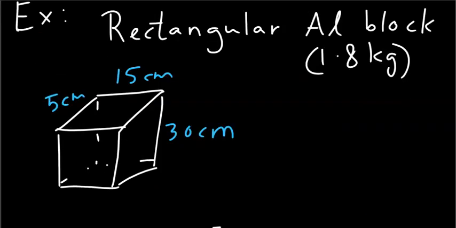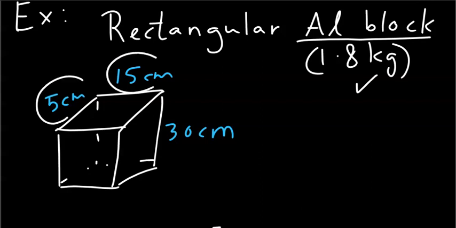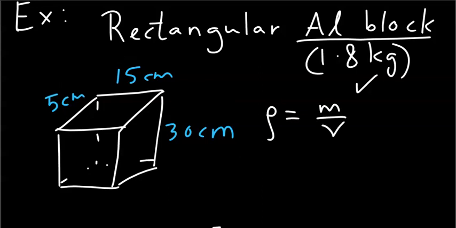Let's do a simple exercise. You have a rectangular aluminum block whose mass is 1.8 kg. The dimensions are 5 cm, 15 cm, and 30 cm respectively. So what is the density of aluminum? As we explained before, density is mass over volume. Now we know the mass: it is given that this block is 1.8 kg.